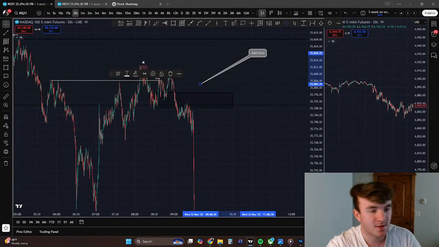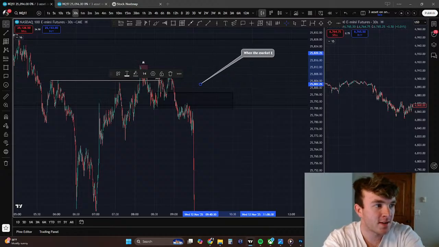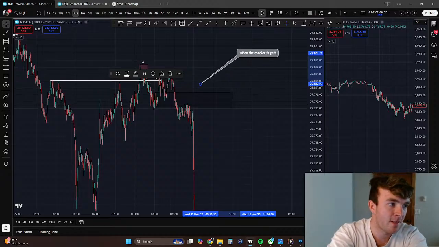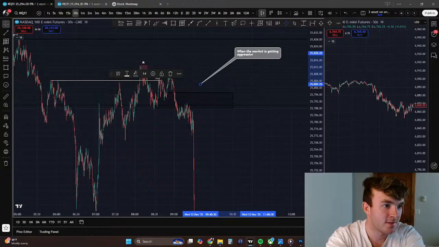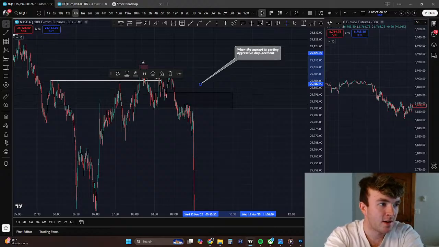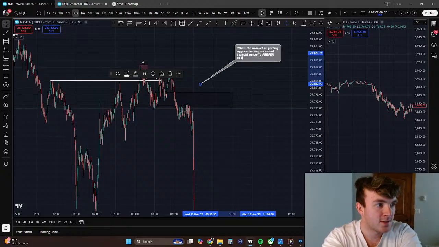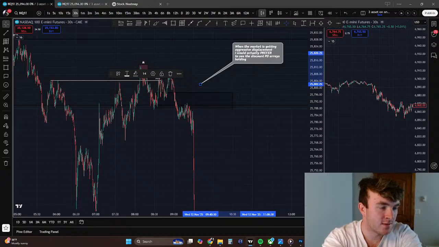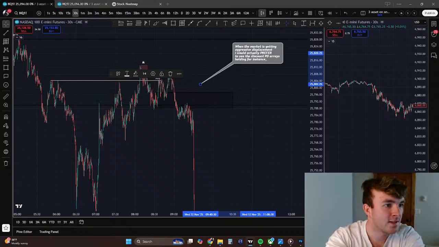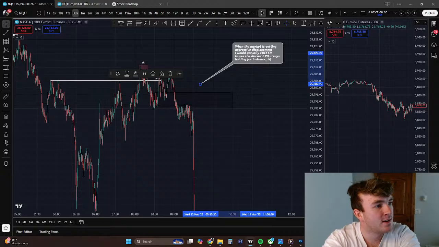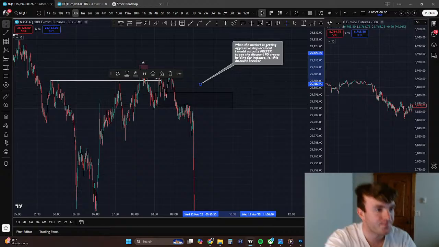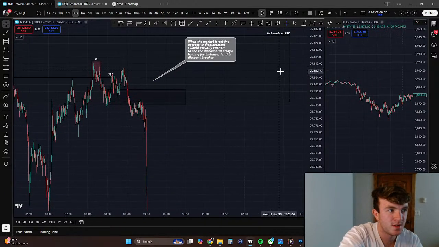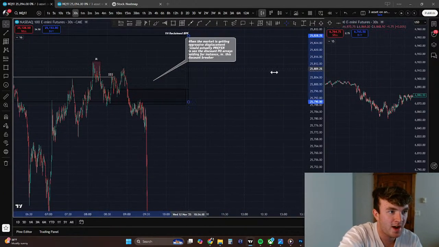So when the market is getting aggressive displacement, I would actually prefer to see the discount PD arrays holding, for instance, i.e. this discount breaker. Let me show you. So first we have a higher time frame key level.